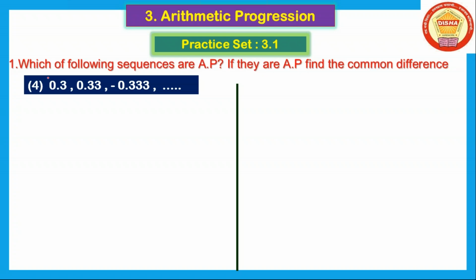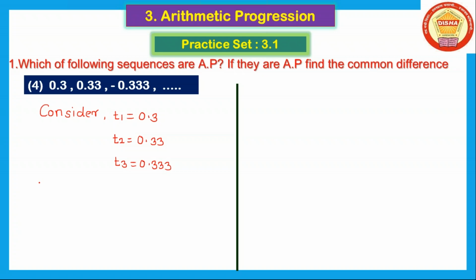So we do the same process, meaning first we consider the given terms. Consider T1 is equal to 0.3, T2 is equal to 0.33, T3 is equal to 0.333, and so on is given here.